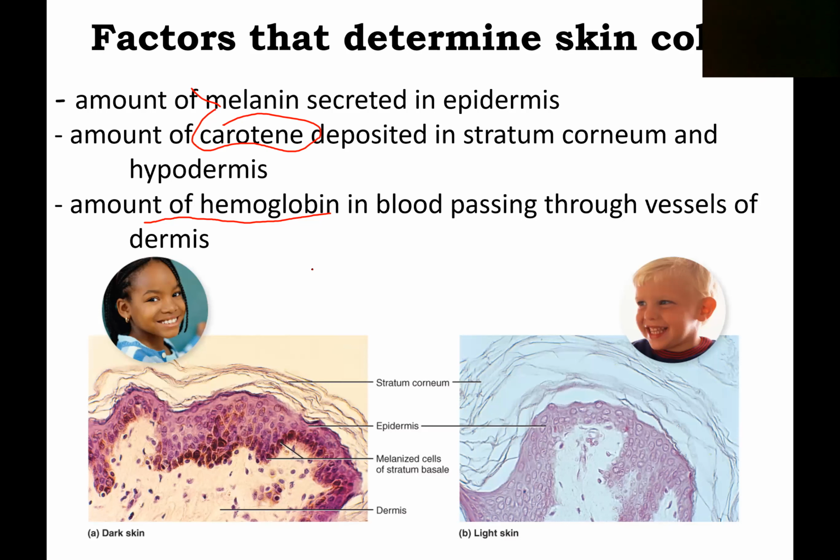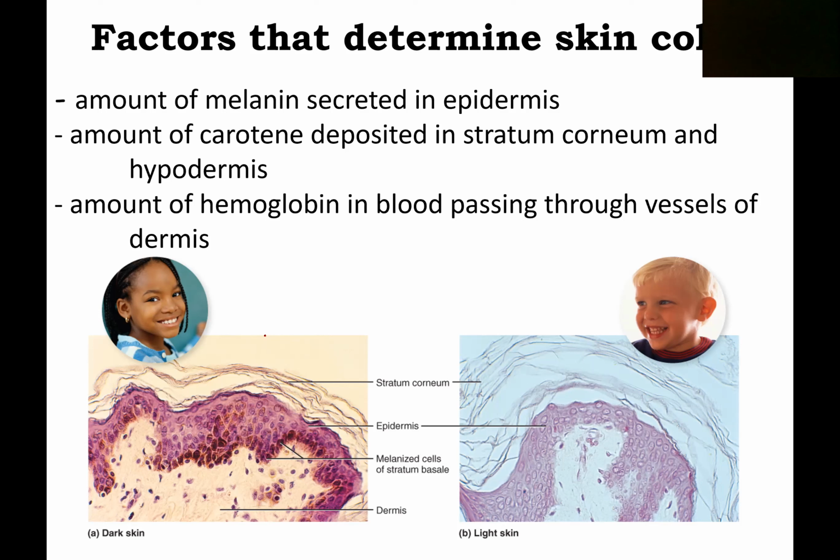When you get scared, your skin gets paler because it drains all out or it reduces in volume. So three things determine skin color. Keep in mind, this is not genetics class. This is anatomy and physiology. So these are the three things that determine skin color.